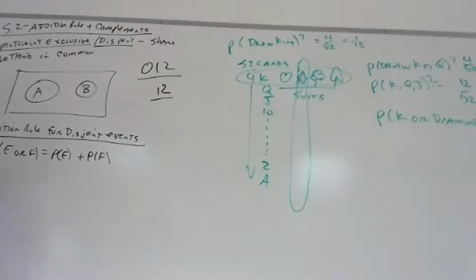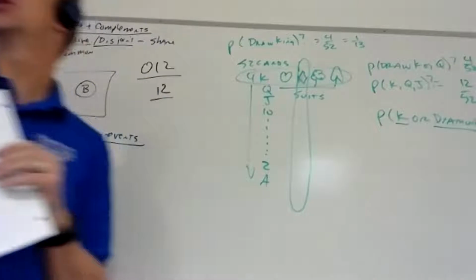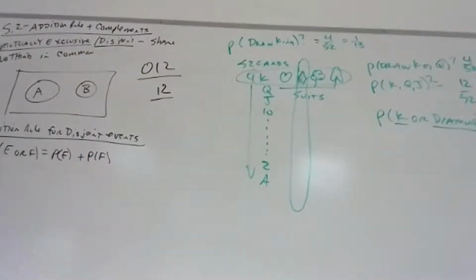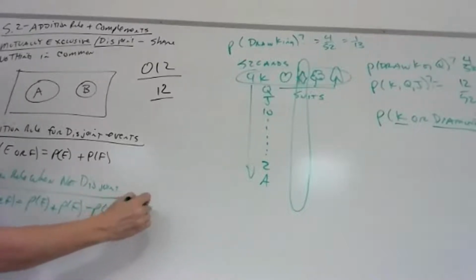So are the kings and the diamonds disjoint? No. So, let's talk about the addition rule when not disjoint. The probability of E or F equals the probability of E plus the probability of F minus the probability of E and F. Okay?